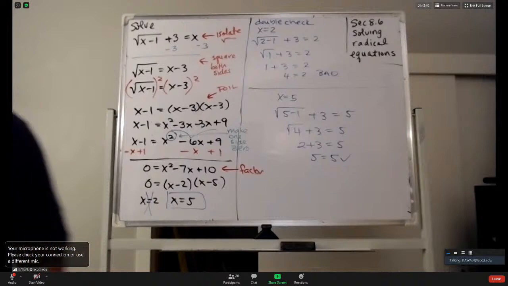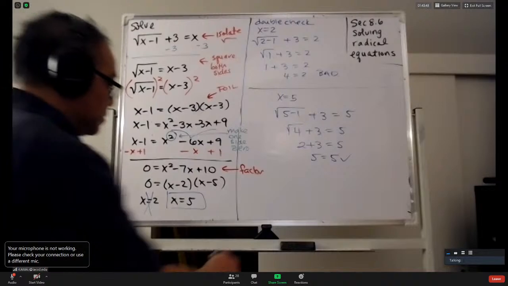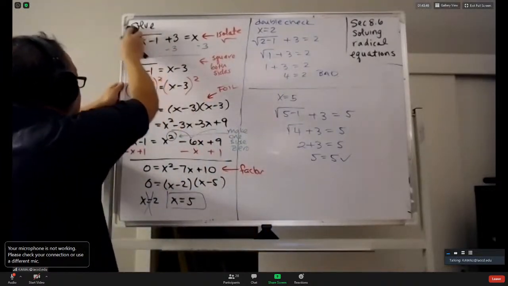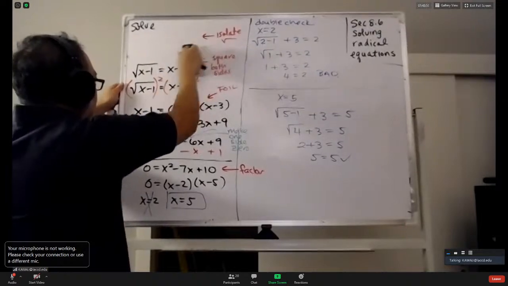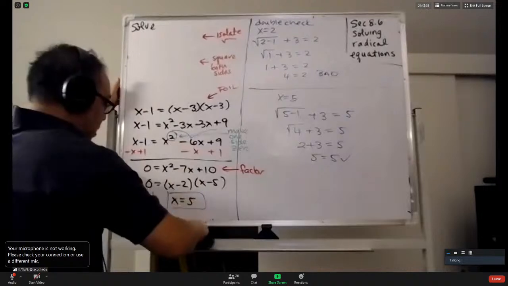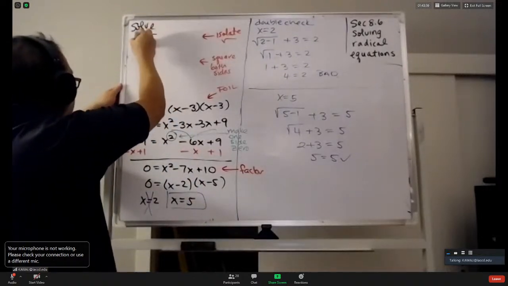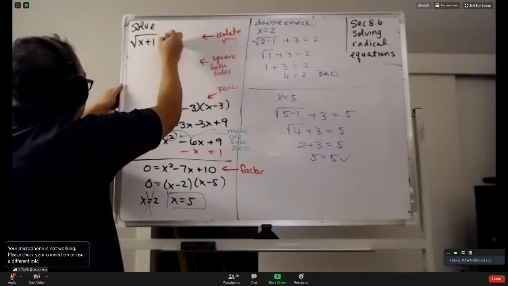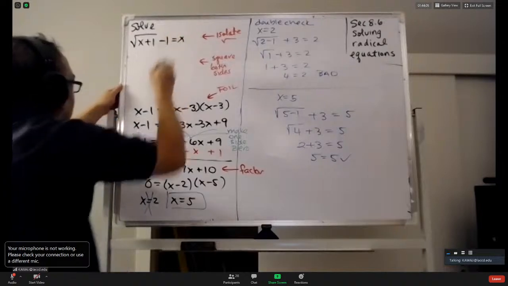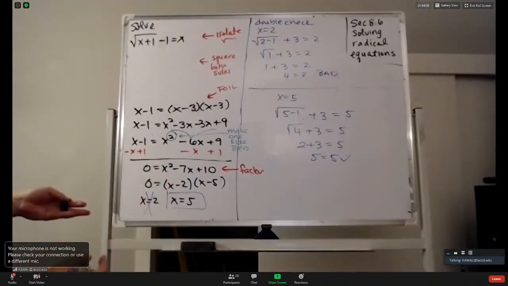Okay, let's do one more. Let's do one just like this: the square root of x plus 1, minus 1, is equal to x. So go ahead and isolate that, square both sides, and then you're going to have to FOIL.